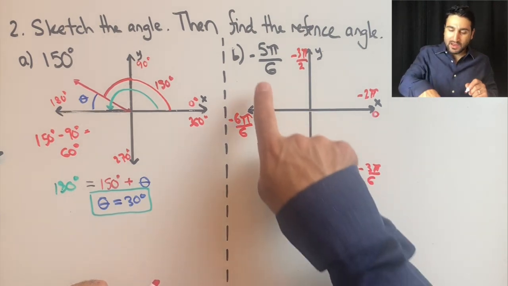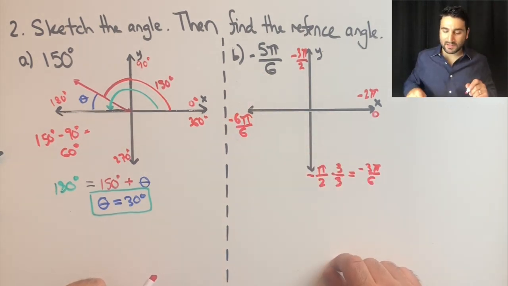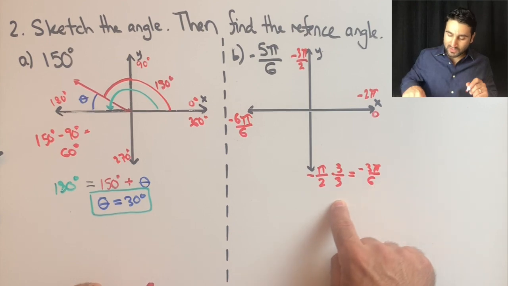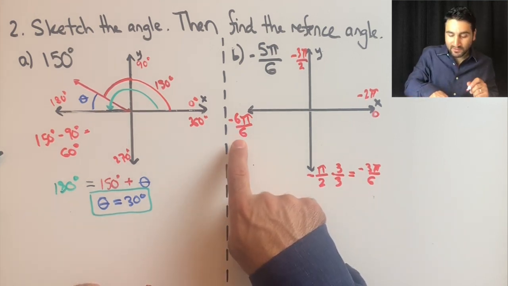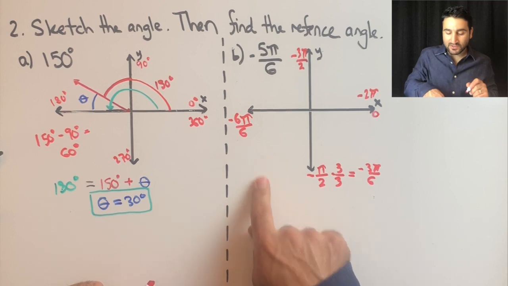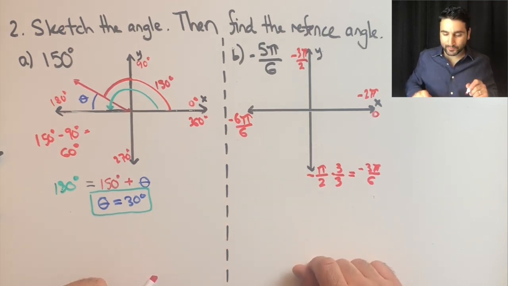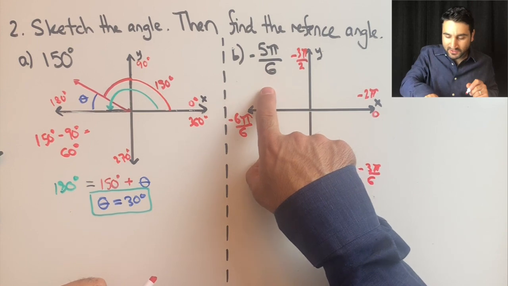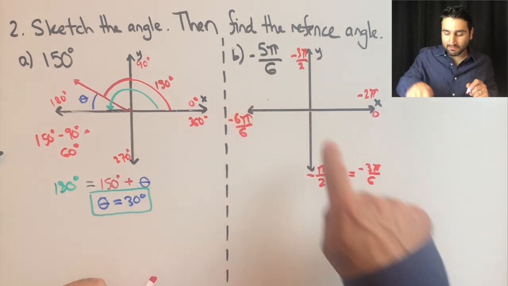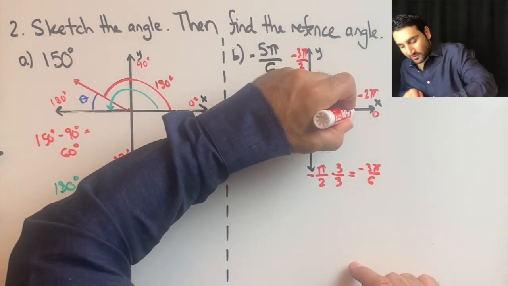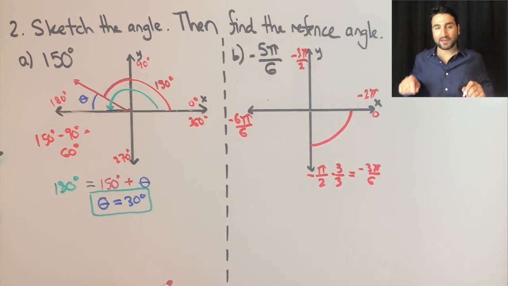If you look at it, negative 5 pi over 6, where does it land? It's somewhere between here, because it's more negative than negative 3 pi over 6, but less negative than negative 6 pi over 6. Now let's figure out how much more. So negative 5 pi over 6 and negative 3 pi over 6, how much is this more than that? If we traveled here and we were at negative 3 pi over 6, think about how much more you would need to go to get to negative 5 pi over 6.